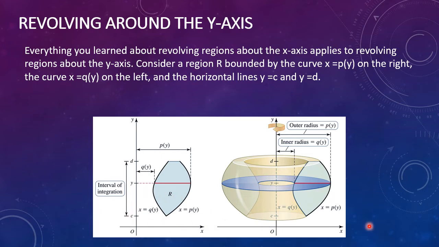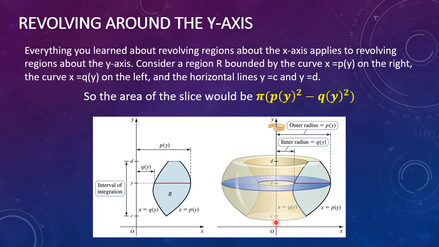Again, we're going to have a washer or a disk, depending upon whether we have two functions or one and revolve around the axis. But here we can see that the area is going to be the outer function squared, pi r squared, that's the area of the outer disk, minus the area of the hole, which is pi q sub y squared.